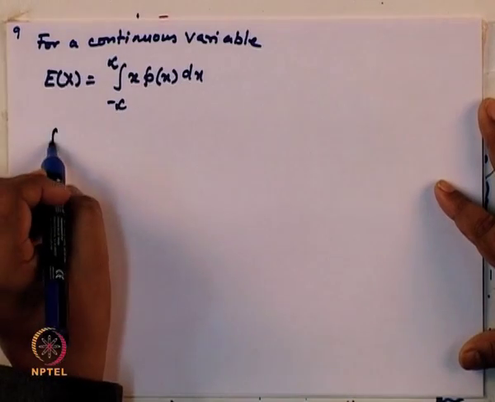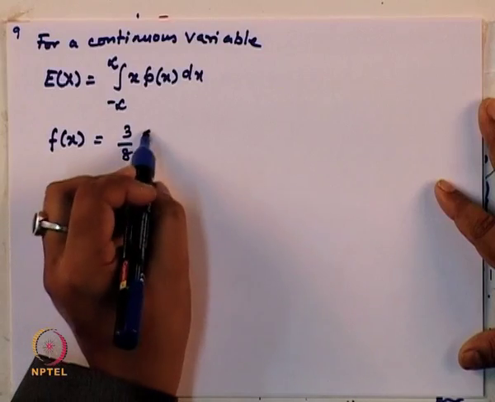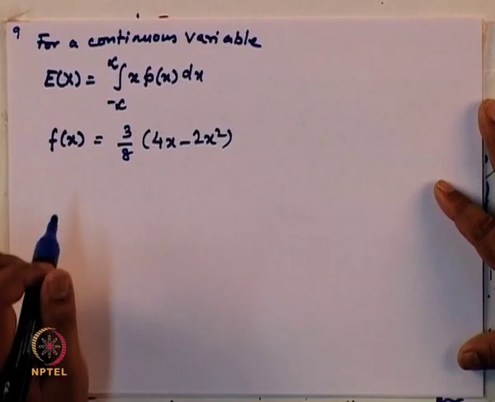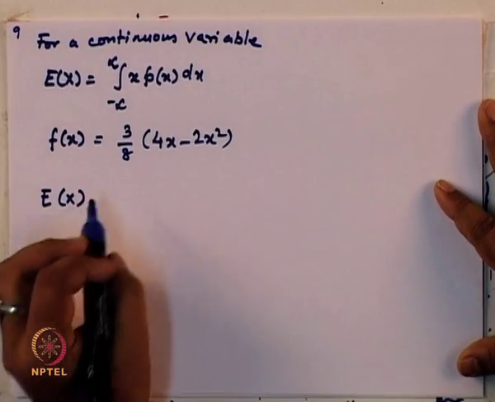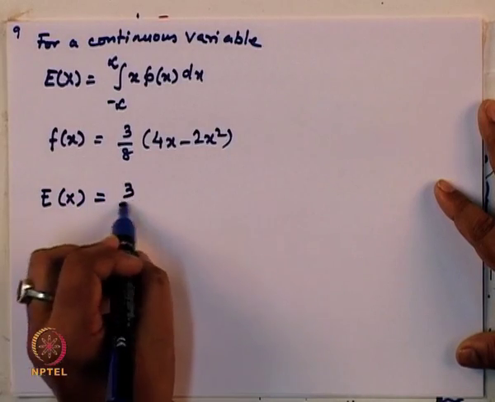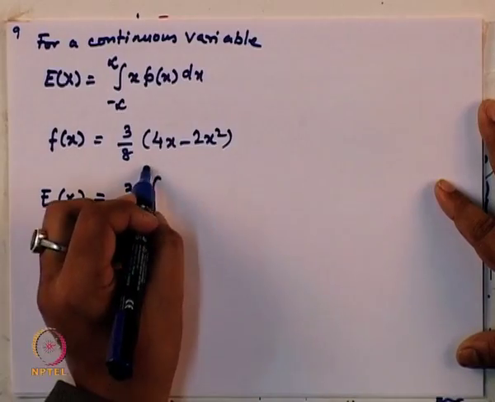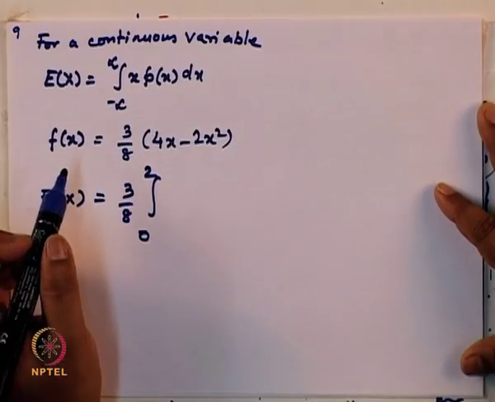For the probability density function that we had, f x is equal to 3 by 8 into 4x minus 2x square, what will be the expected value? We can calculate the expected value of x as, I can take the 3 by 8 out and integrate only from 0 to 2. In all remaining places you know that the probability is 0.